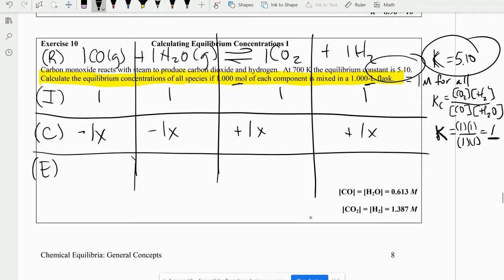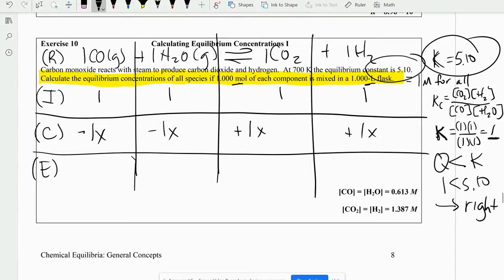So really, you know that Q in this case, which is 1, is less than K, which is 5.1. So because 1 is less than 5.1, I'm expecting that this reaction is going to shift to the right because our Q value is less than K. Okay? So you've got to remember that. So this is my pre-thinking over here to the side.